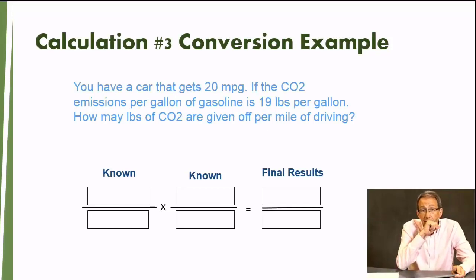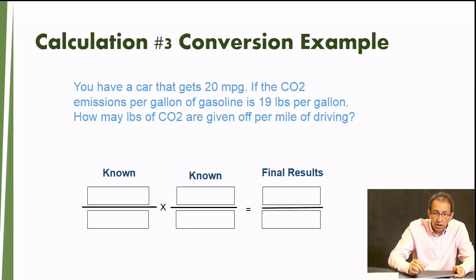Try another one. Let's look at a car that gets 20 miles per gallon. We're trying to see how much CO2 is given off per mile of driving. All right, pounds of CO2 given off per mile of driving. So what I'm trying to get is pounds of CO2 per mile.